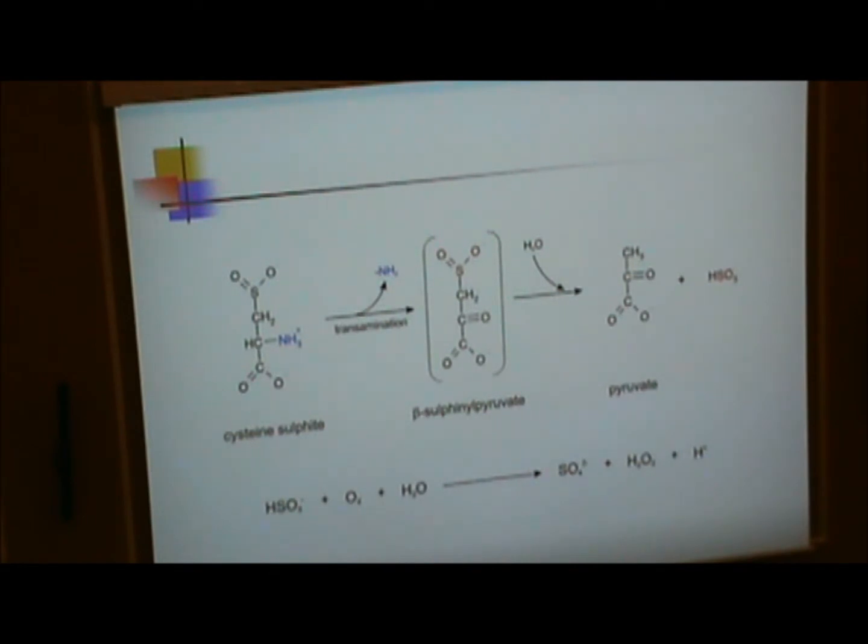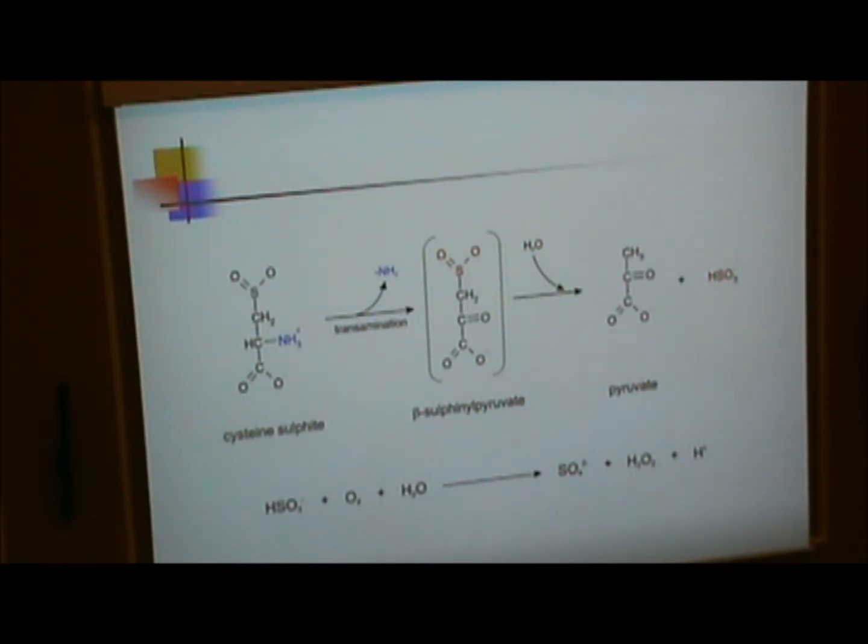So the water molecule degrades this bond. This fragment is released in the form of pyruvate, and the red marked fragment binds oxygen, forming HSO3 minus product.